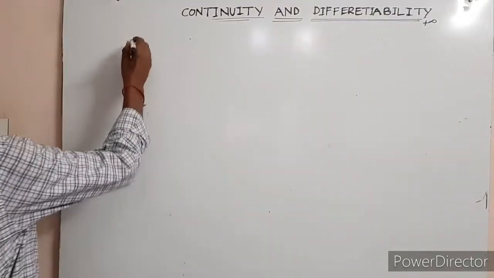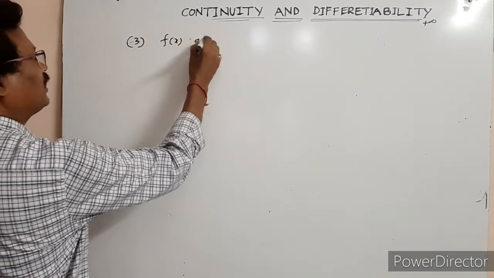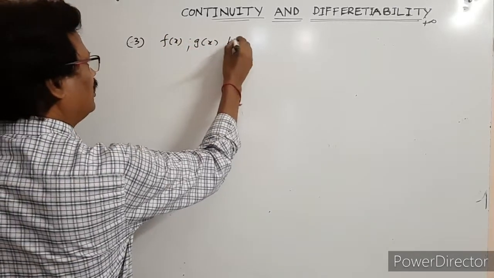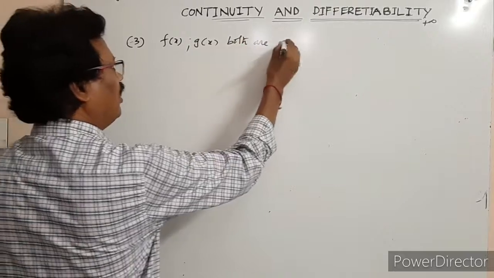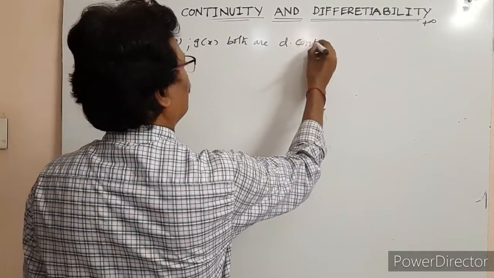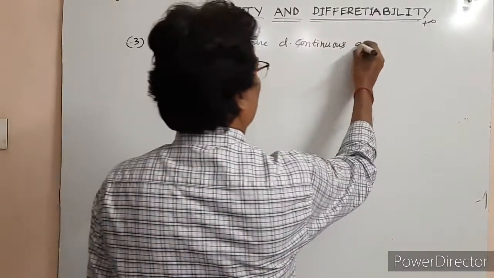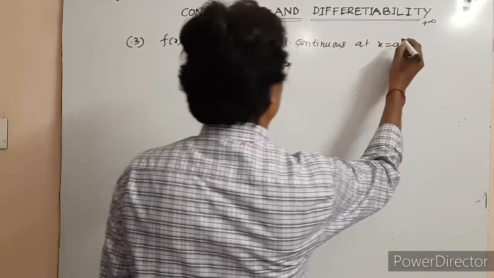Now, the next, third one: f(x) and g(x) both are discontinuous at x equal to a.